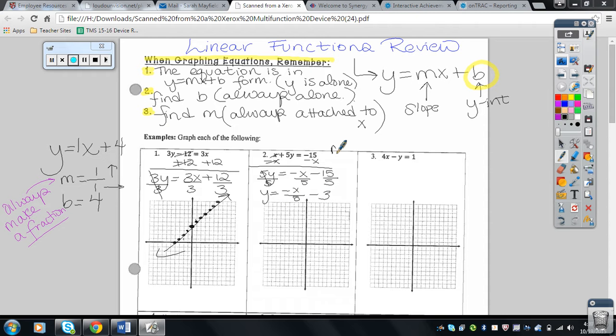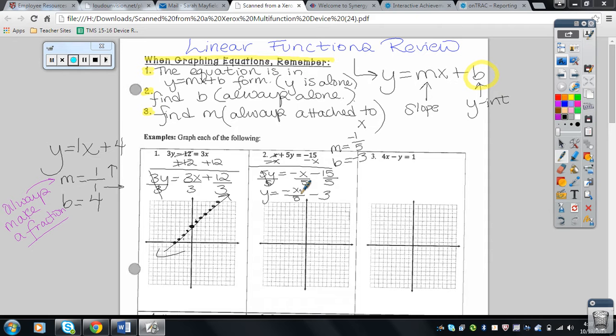So to write what m equals and what b equals: b is always alone, it's negative 3. M is my slope, it's attached to x. So it's negative 1 over 5. Notice when I write m, I'm not including x because x is my placeholder. It tells me that's where the slope is.